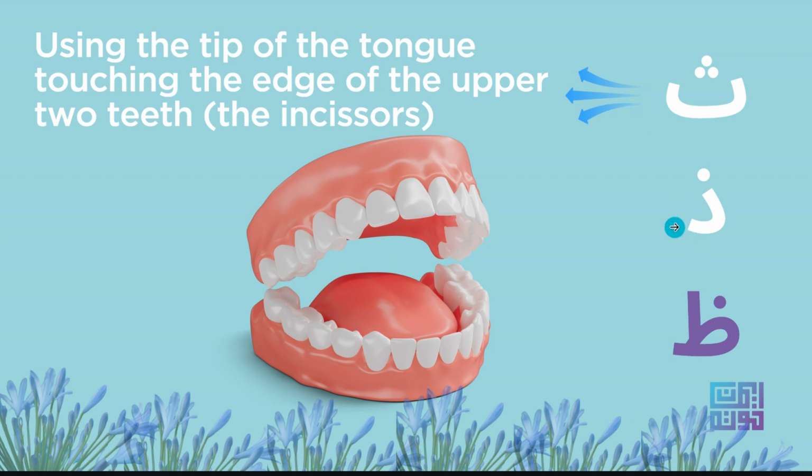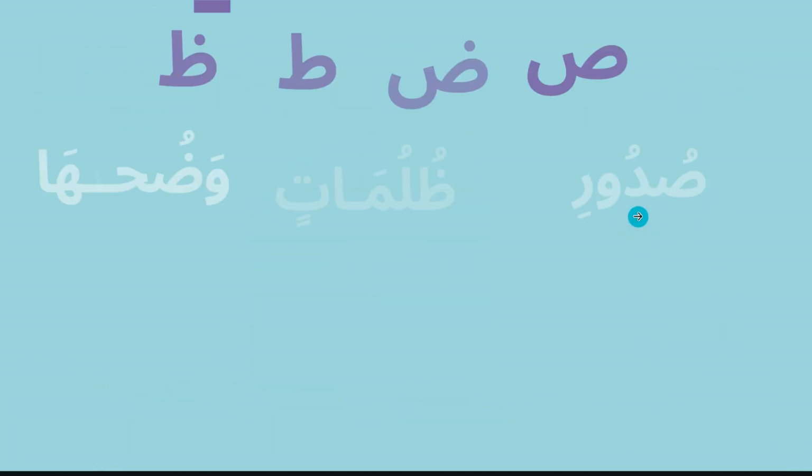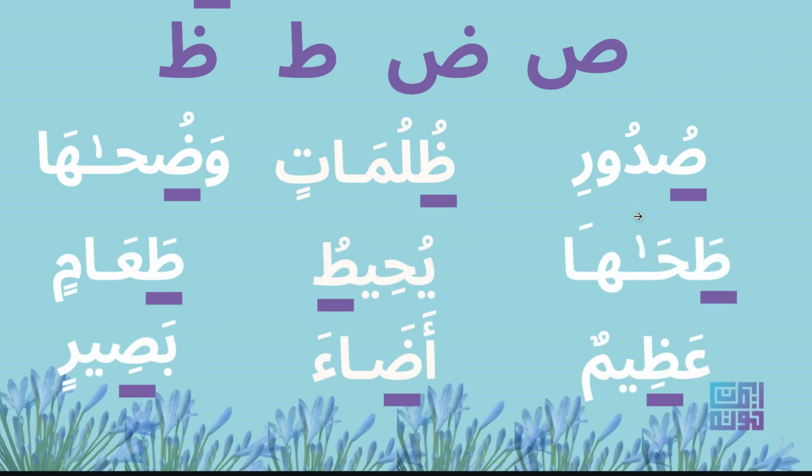So we say dhal. Okay? But here we are talking about the letter dha, which is elevated. We're going to take some examples here. And now we know the letters that are elevated are those four letters.